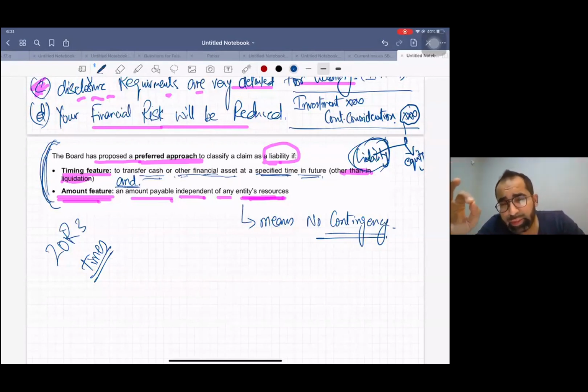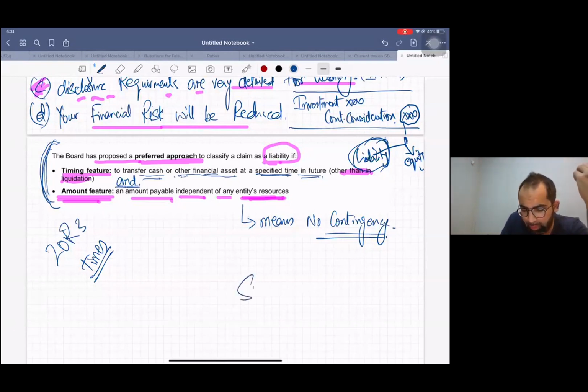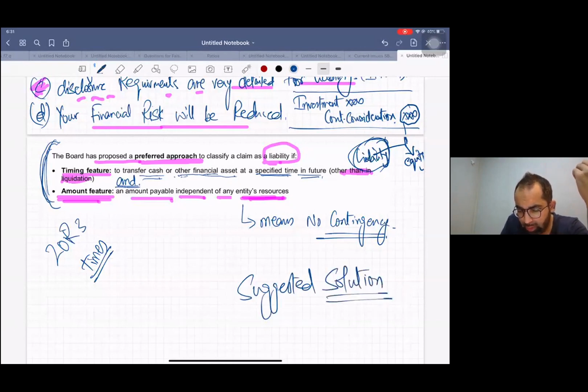Those who have done F7 know that final accounts adjustments and consolidation adjustments are repeated, even ratio analysis questions come similarly after 2-3 years. But in professional exams like SBR, a new paper comes. So it's like an interview. You have to solve the whole paper and give a suggested solution.